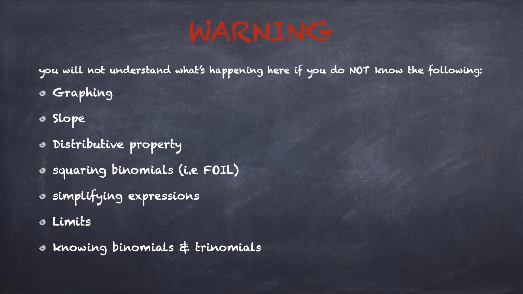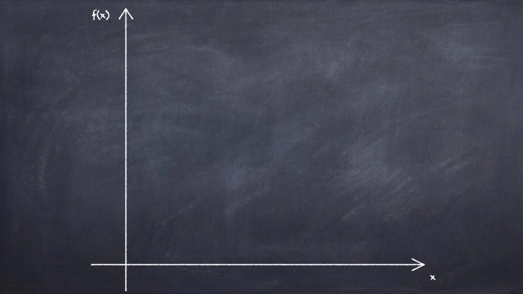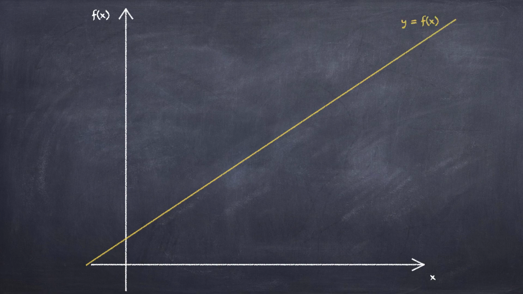Okay, so let's start with, this should be a review, but let's try and find the slope of this line. And let's just say this line is y equals f of x. So, what we can do is we can take a point right here, and let's call it x naught.